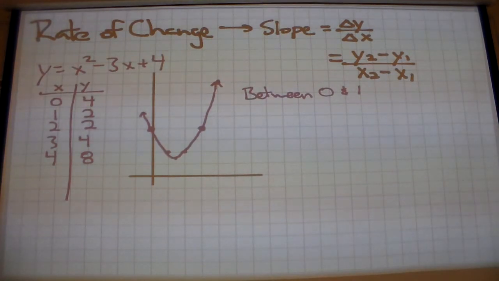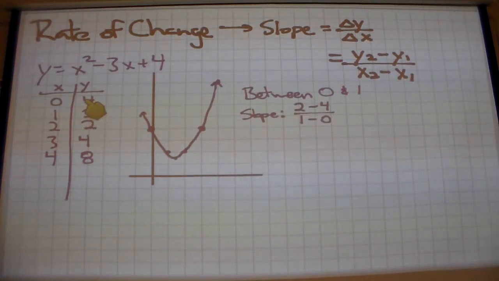The long way to do this is its slope between 0 and 1. Our y values are 2 minus 4. Our x values are 1 minus 0. I pulled those from right here. So I did 2 minus 4, y2 minus y1, over 1 minus 0. That gives me negative 2 over 1, or negative 2.